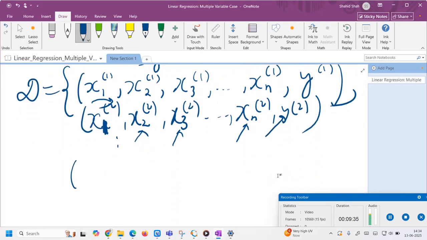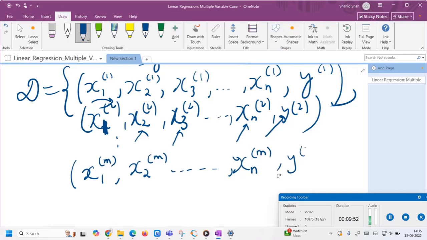The last point in this data set will be x1m, the mth student, x2m, and xnm, ym. And what will be the in-between point?